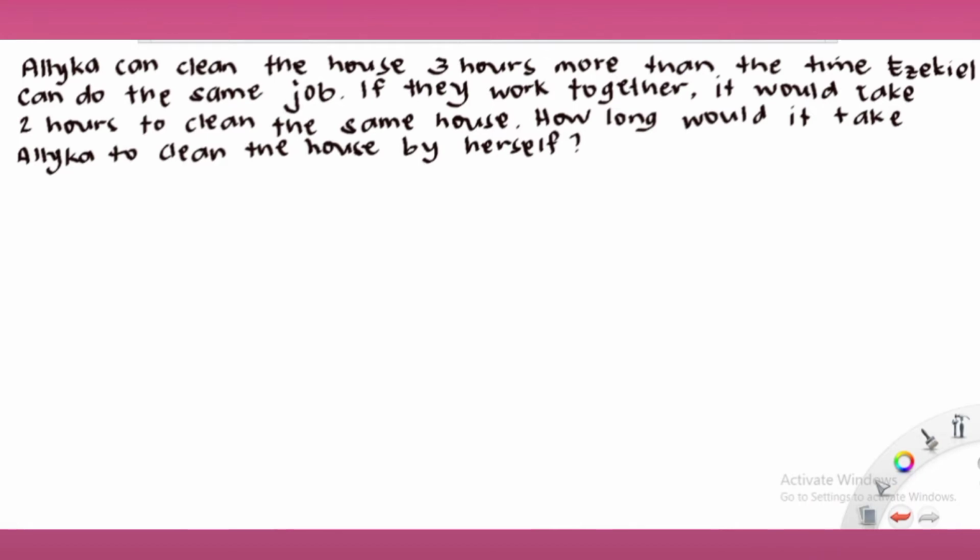So in this video, ipapakita natin on how to solve rational algebraic equation that are reducible to quadratic equation. So karugtong ito ng nauna nating in-upload na video about equations transformable to quadratic equations.